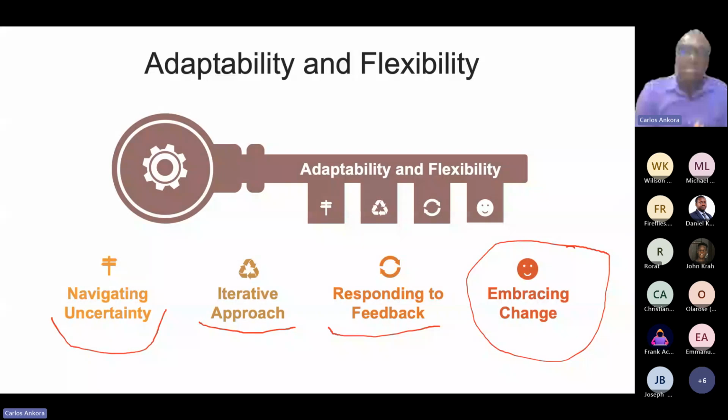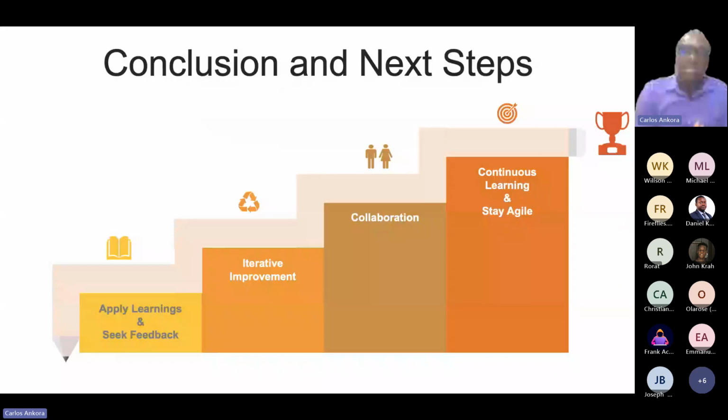As we conclude our discussion on this session on product ownership, let's recap some key learnings and outline the next steps for applying these concepts in our own products that we are developing. In this session, we explored the role of Agile product owners and how they help drive innovation and adaptability within Agile teams.